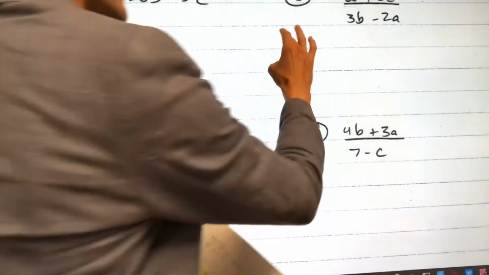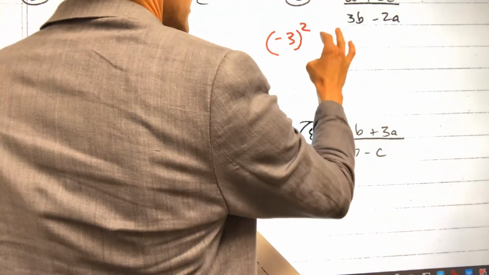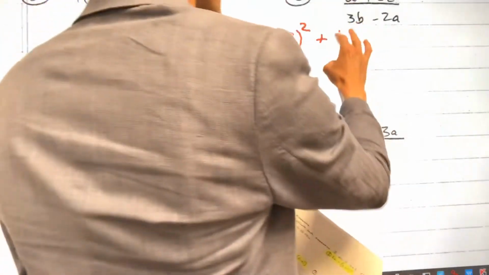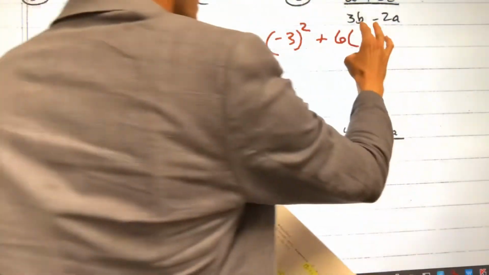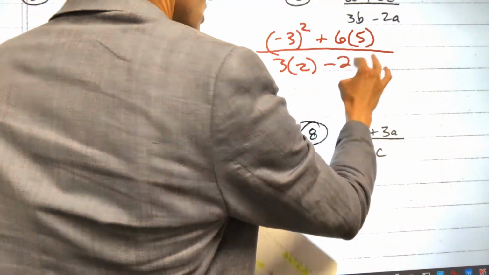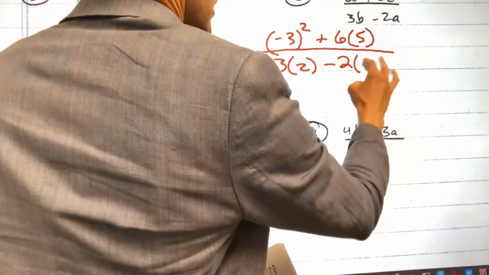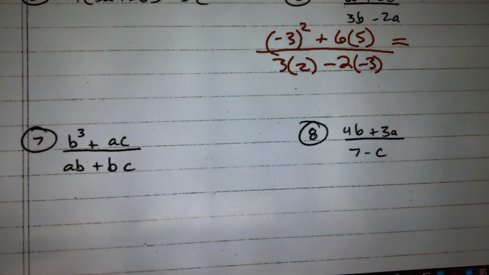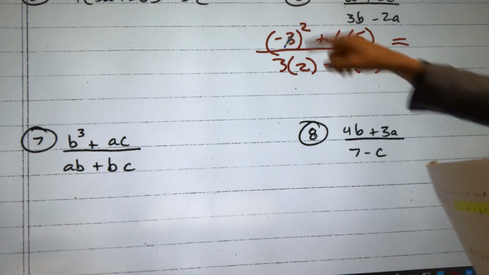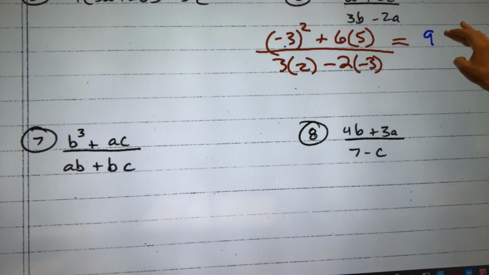6A, which is negative 3, is going to be squared, plus 6 times C, which is 5, divided by 3B minus 2A. All right. Can you see? Negative 3 squared right there. Negative 3 squared is a positive 9. 6 times 5 is 30.